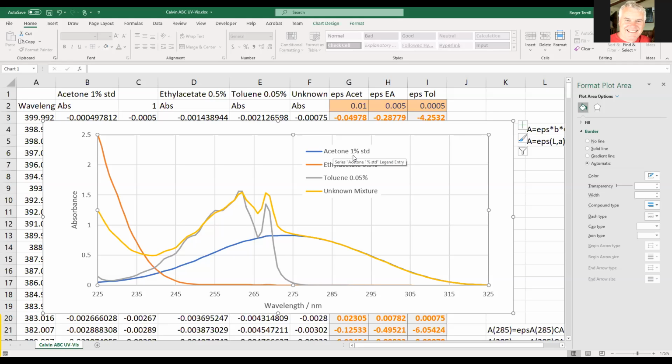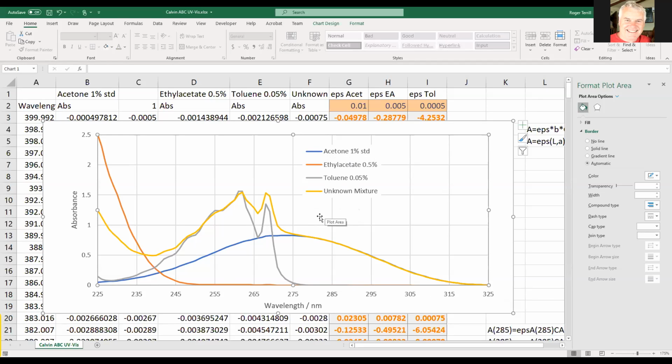It's actually acetonitrile, which has very little absorption in this wavelength range, but that's not super important right now. But there's acetone, ethyl acetate, toluene, and then a mixture of those three in acetonitrile.